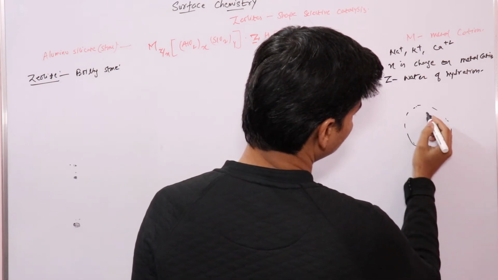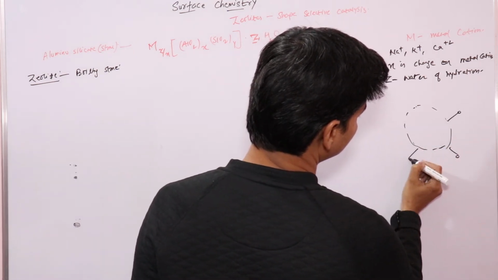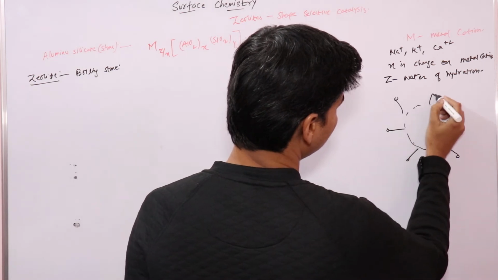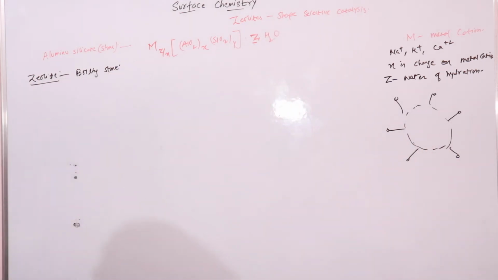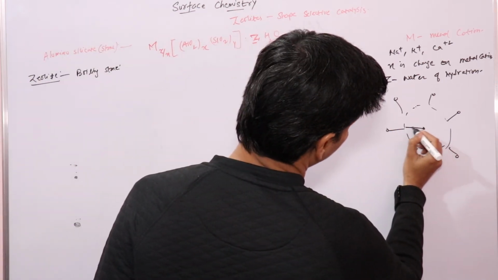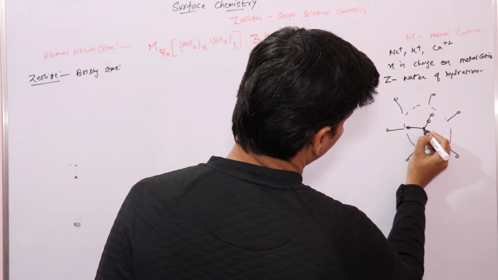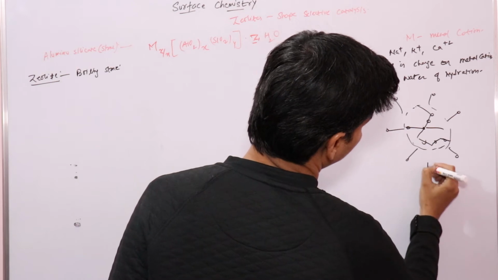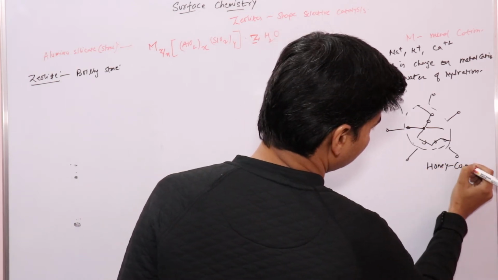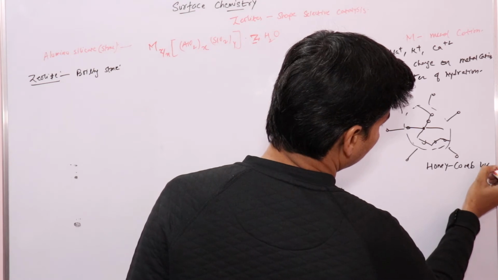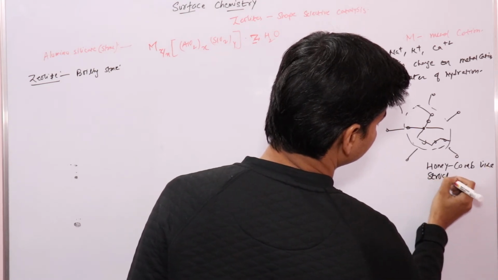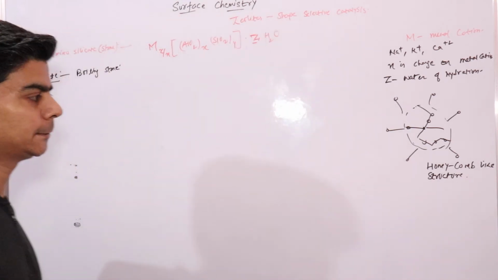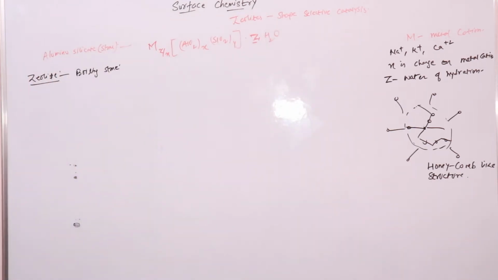This is how these aluminosilicates look, a kind of network. So it's a honeycomb-like structure.